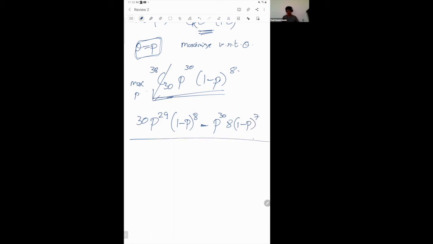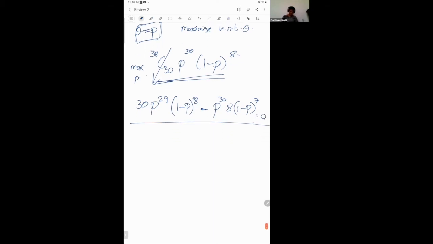I hope no one has any doubt in this section. Then I need to equate this to 0. So this becomes 30 p to the 29 equals p raised to 38 times 1 minus p raised to 7.